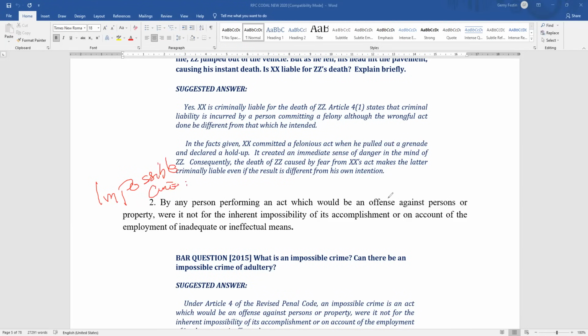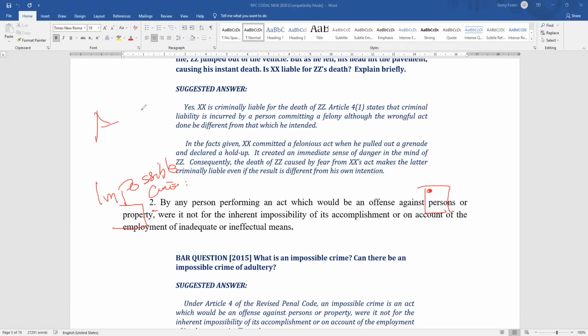Nasa codal na yan, no? Performing an act which would be an offense against persons or property. Ergo, ang impossible crime, limited lang yan sa crimes against persons or property. If it is not a crime against persons or property, do not apply paragraph 2.